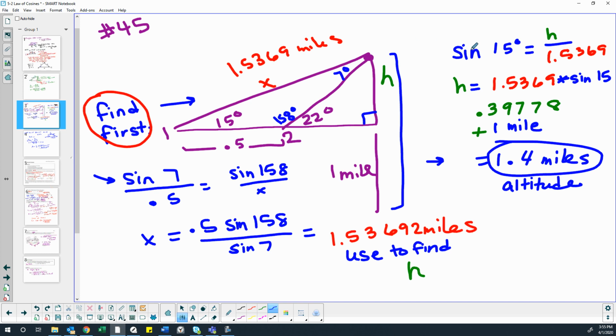So sine of 15 is opposite over hypotenuse, h over x, or 1.5369. We cross multiply and find the answer is 0.4 basically. The rescuers are a mile in altitude, so we add the 0.4 of the climber plus the 1 mile height of the rescuers, and we get the climber at an altitude of 1.4 miles.